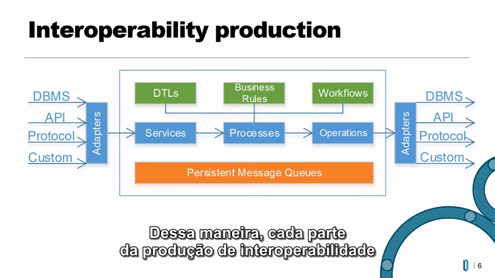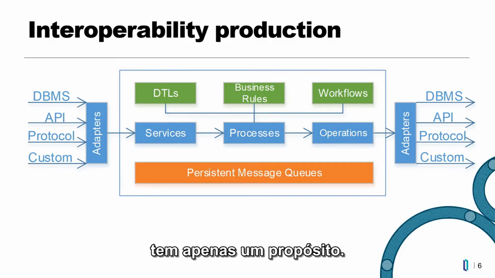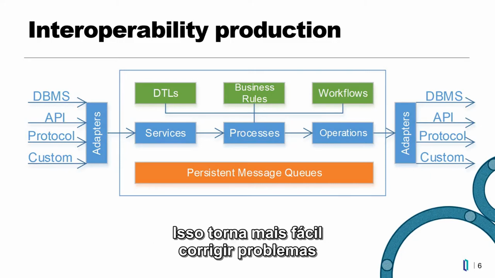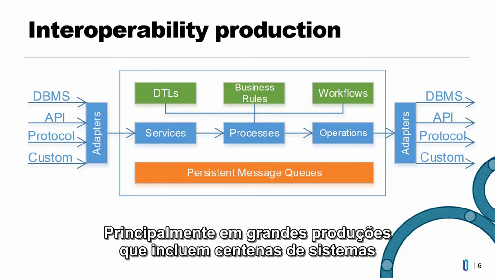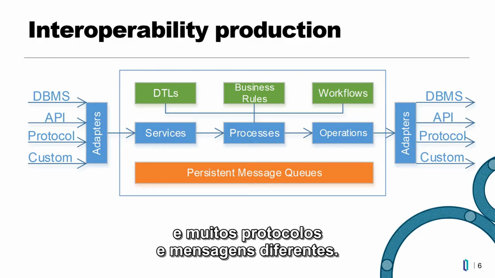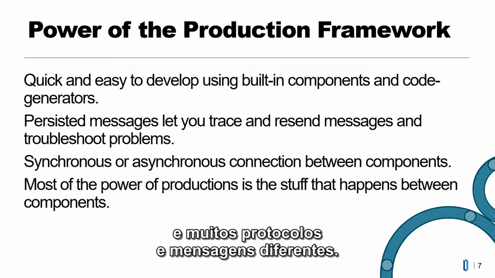This way, each piece of interoperability production has only one purpose, and it makes it easier to debug and to understand what's going on, especially in big productions spanning hundreds of systems and many different protocols and messages and so on.